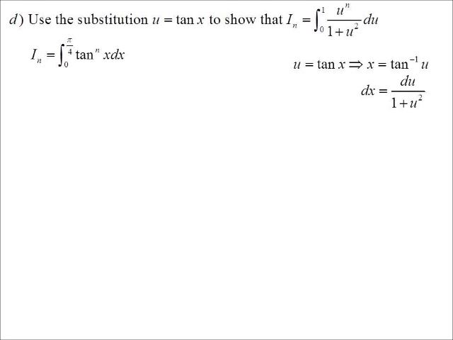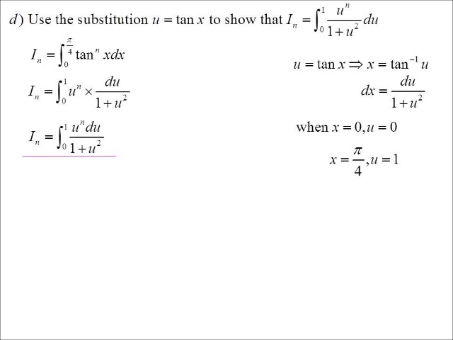You see the connection with what I'm trying to prove? Now I've got to change the limits. When x equals 0, u equals 0. When x equals pi on 4, u equals 1. So subbing it all in, it actually turns out quite nice. Tan to the power of n is just u to the power of n, and the dx is the du on 1 plus u squared. And so we've got our required result.